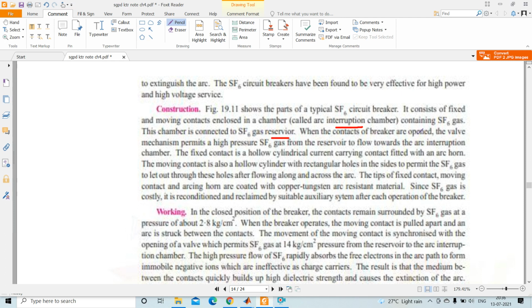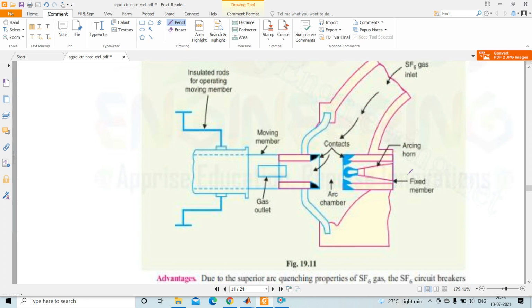When the contacts of the breaker are opened, the valve mechanism permits high pressure SF6 gas from the reservoir to flow towards the arc interruption chamber. This is the fixed member, this is the moving member, and here the SF6 gas is coming from the SF6 container or reservoir. The SF6 gas flows through this contact, and this is the arc chamber area.